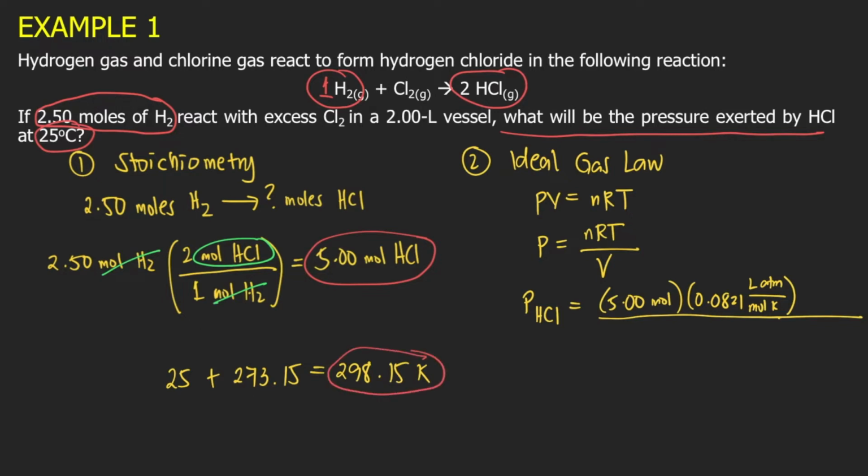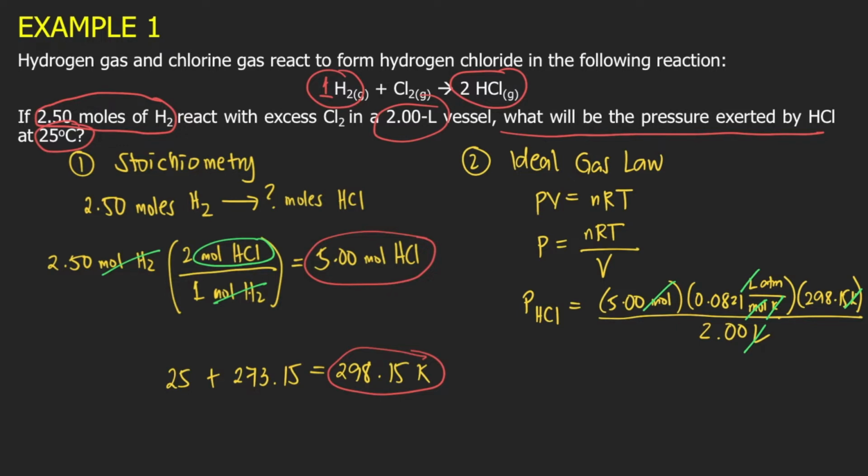So you put that into your equation, 298.15 Kelvin, divided by the volume, which is also given in the problem. It says here 2 liters. So divided by 2 liters. Let's see how the units will cancel out. The moles will cancel, liters will cancel, and Kelvin will cancel.